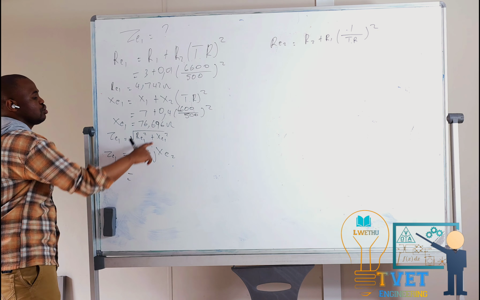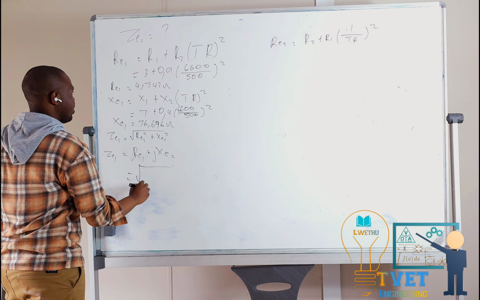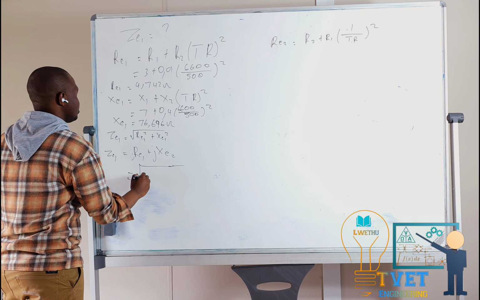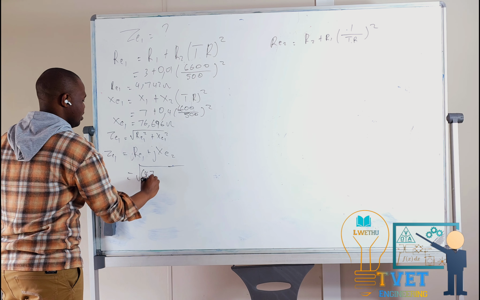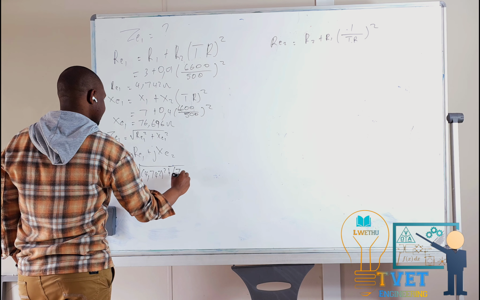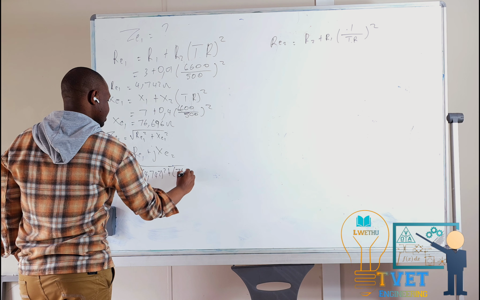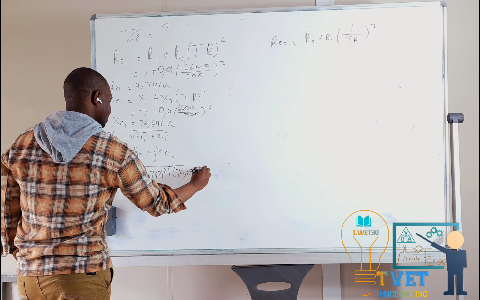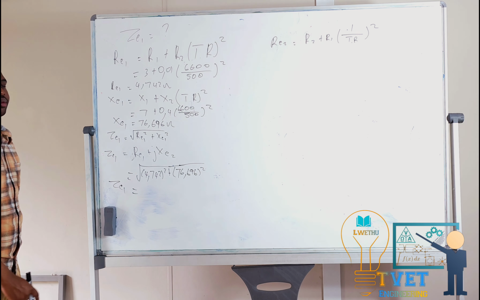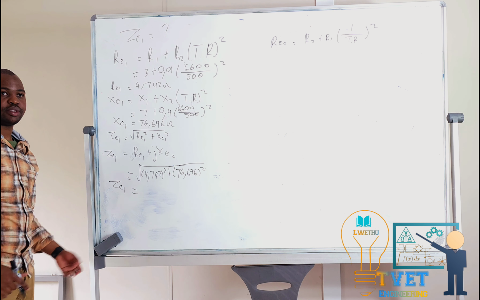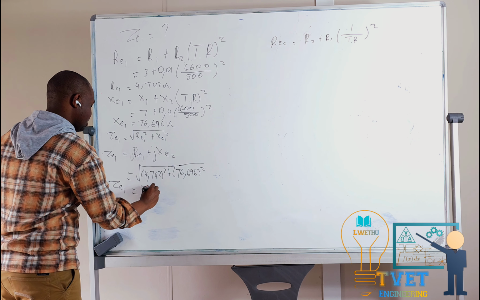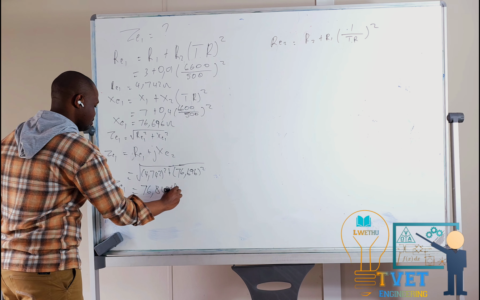You choose which one you want to use, but you can quickly use the Pythagoras theorem because it will give us the answer quickly: the square root of 4,742 squared plus 76,696 squared. What is the impedance? 76,842.